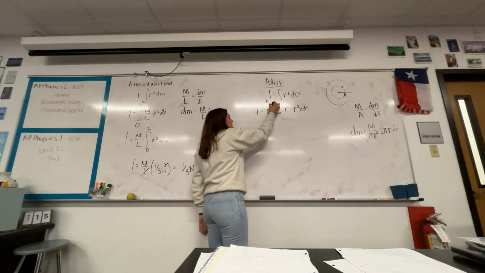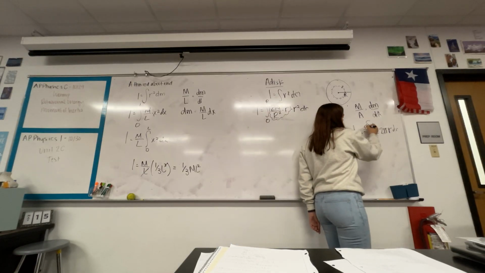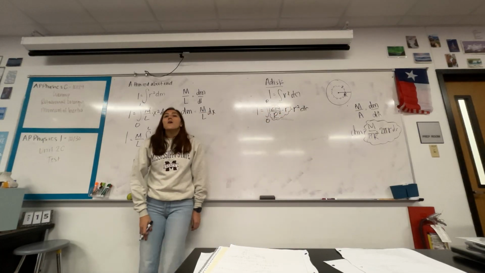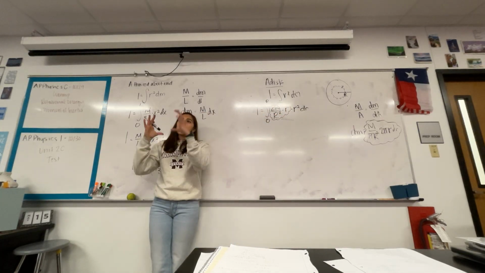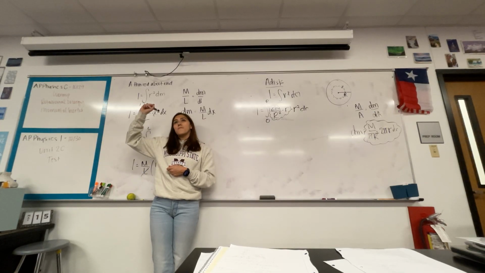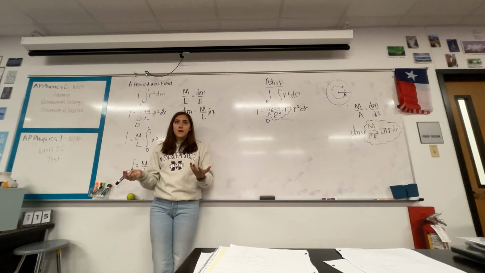So this piece here came from this statement I wrote over here. So the difference on this side is that I had a two-dimensional object, so instead of doing the density-based mass over length, there was also a width to it. So I had to do mass over area.